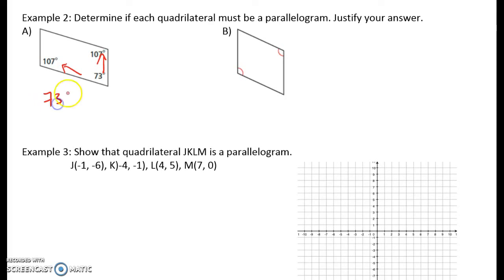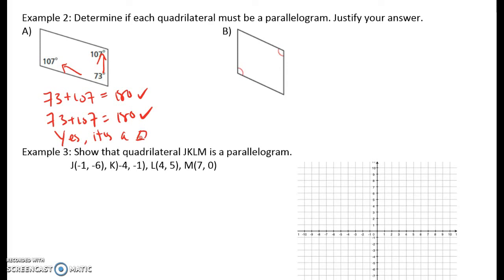Are those consecutive angles supplementary? Well, 73 plus 107 does add up to 180. So that checks. So yes, it's a parallelogram, right? Because one angle is supplementary to both its consecutive angles.